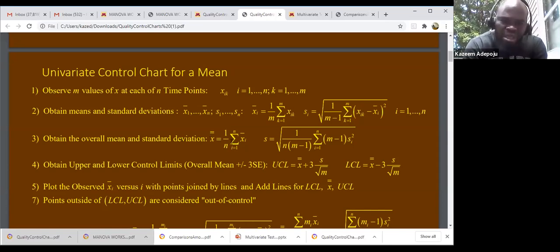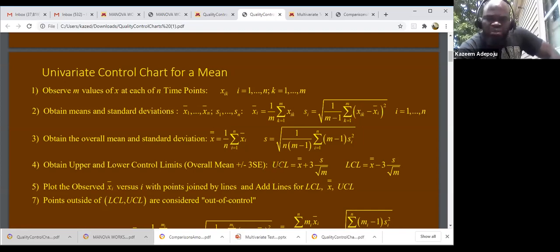The overall mean is actually going to be the mean of the mean, and this is how to figure out the overall standard deviation. The next thing we're going to do is construct a chart where we need the UCL. The UCL is called the upper control limit.